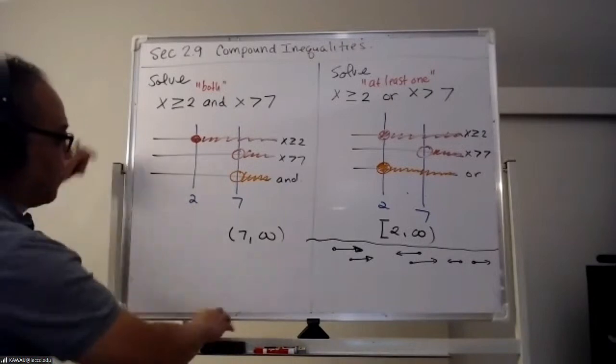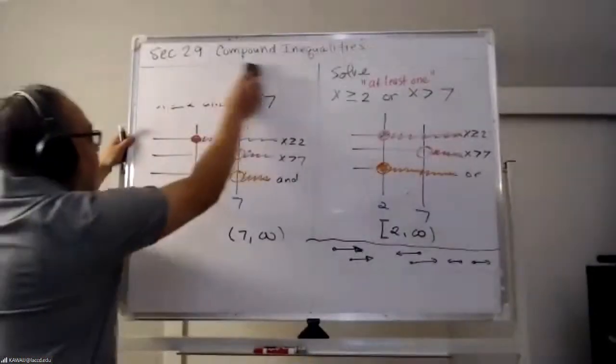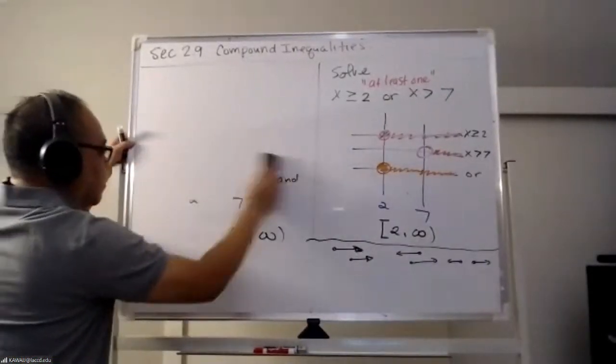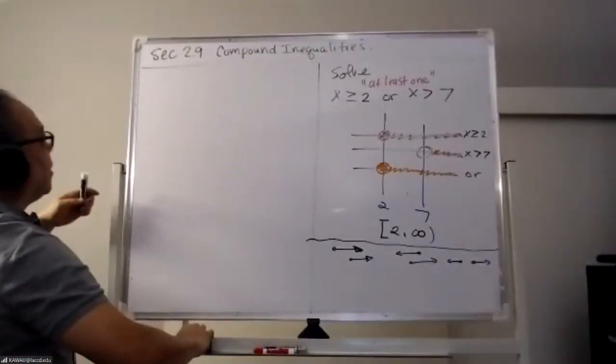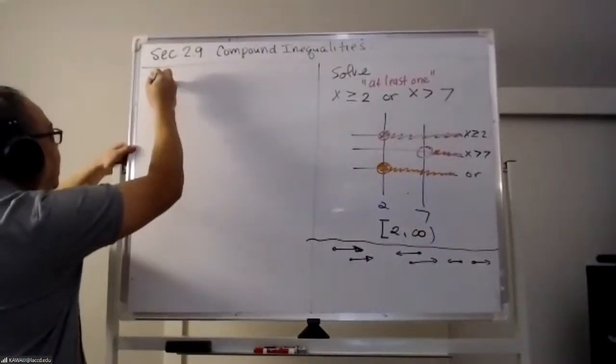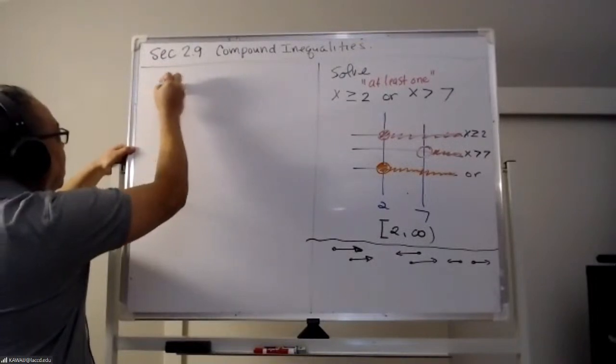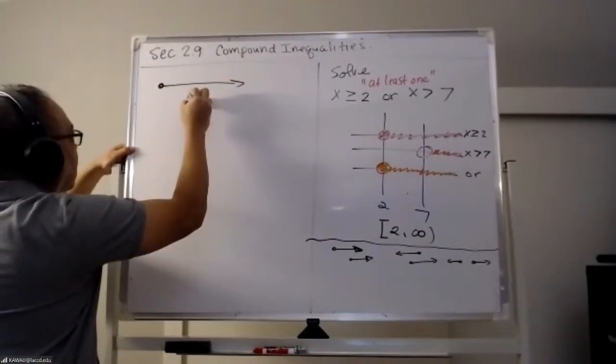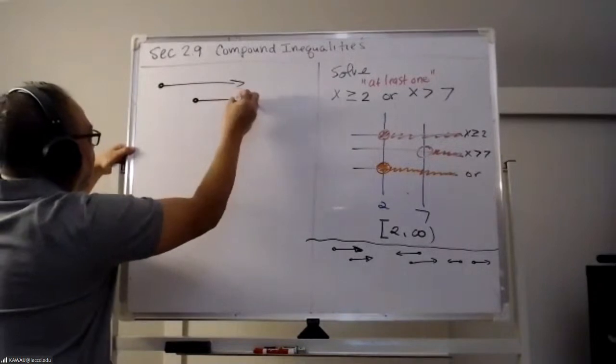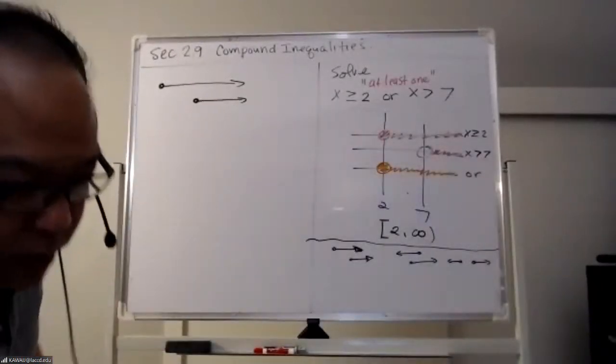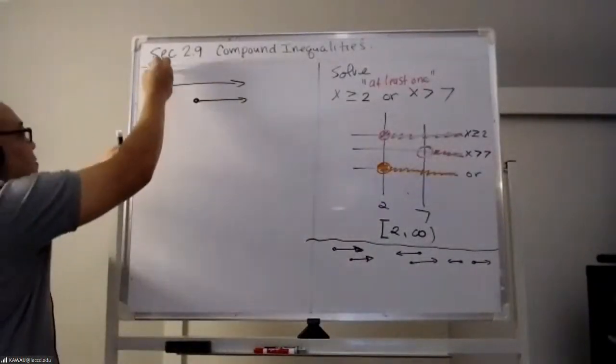Essentially, if we were to make a little crib sheet, if I have something that looks like this, and we're to think about these in terms of intervals.